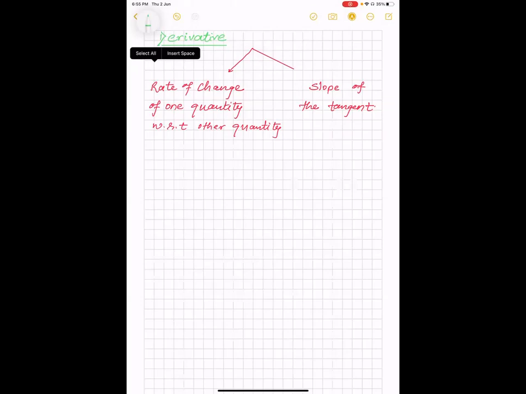For example, we know that displacement of a particle depends on what? T. So basically S is a function of T. Now if you want to know how fast the displacement is changing whenever there is any change in time, then you can find the derivative of S with respect to T, that can be represented like this, ds over dt.